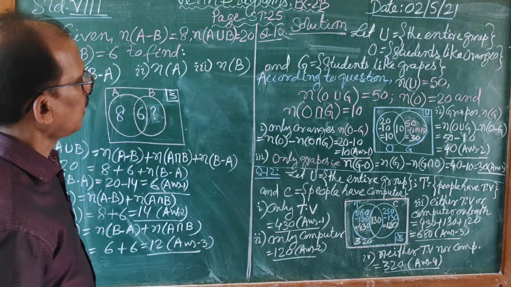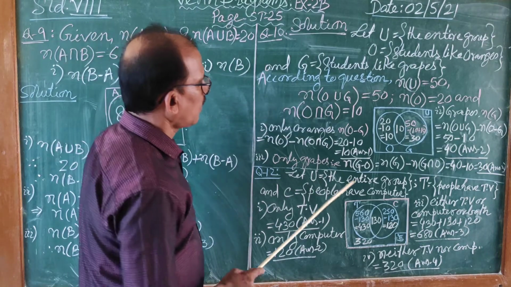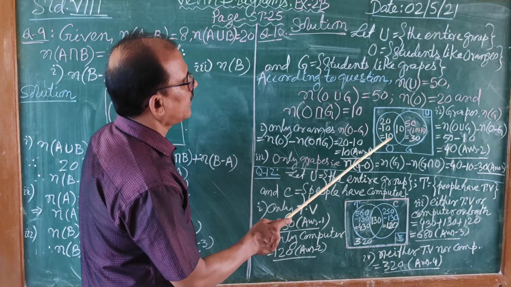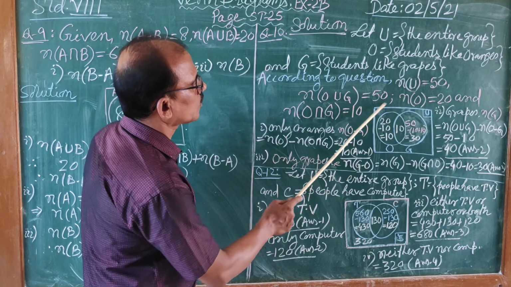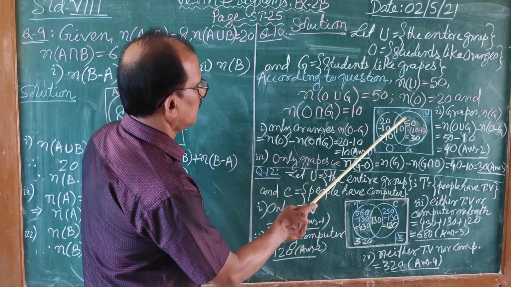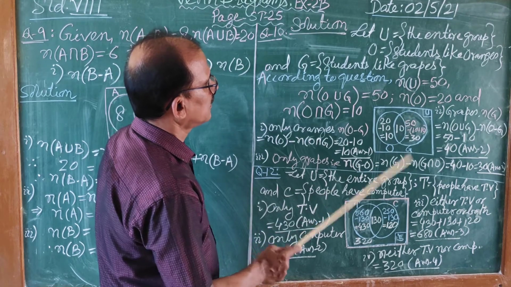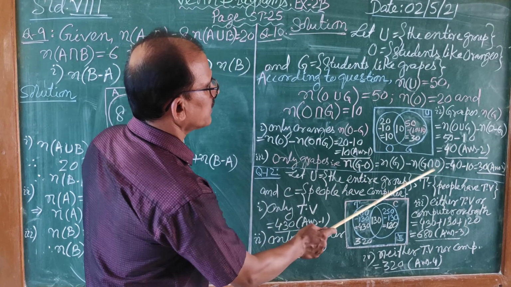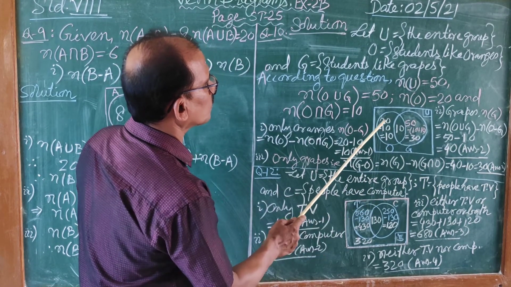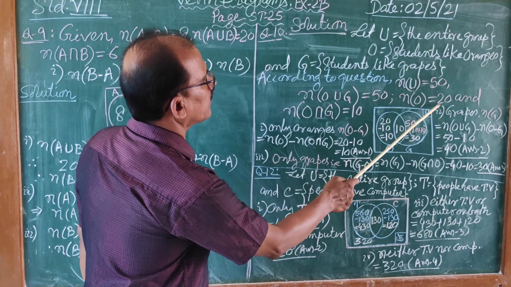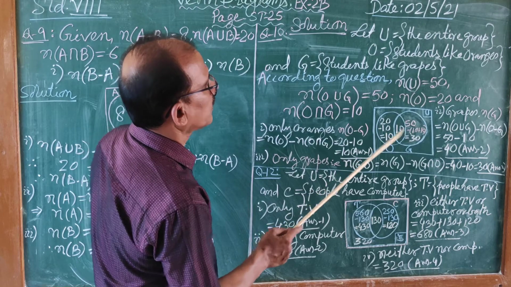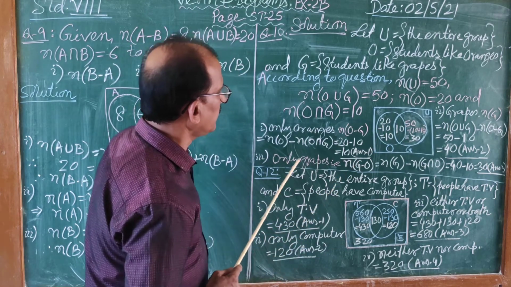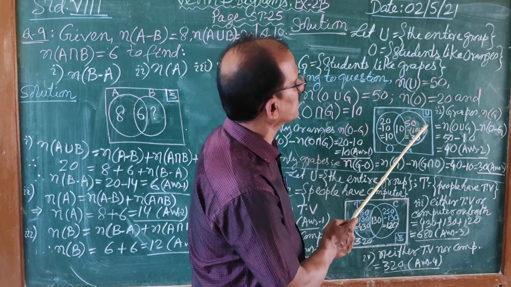Second answer, only grapes, how much will it be? See, only grapes will be total number of grapes minus both. Total number of grapes is 20. I will go for the second question, that is grapes.